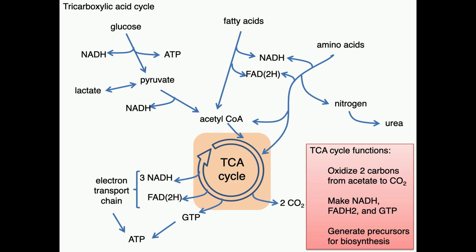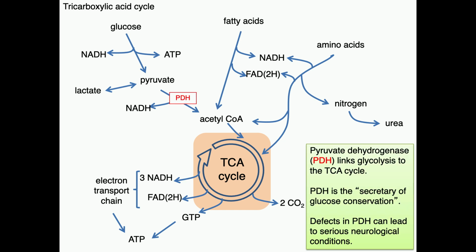We've seen how we can get acetyl-CoA from diverse catabolic processes. One of the most important regulators of which of those substrates is going into the TCA cycle is the pyruvate dehydrogenase complex, and we've seen that as a model of cofactor utilization. The PDH's enzymatic function is to take pyruvate and oxidatively decarboxylate it into acetyl-CoA, and this is really regulating which substrate in the cell is being used to power the TCA cycle.